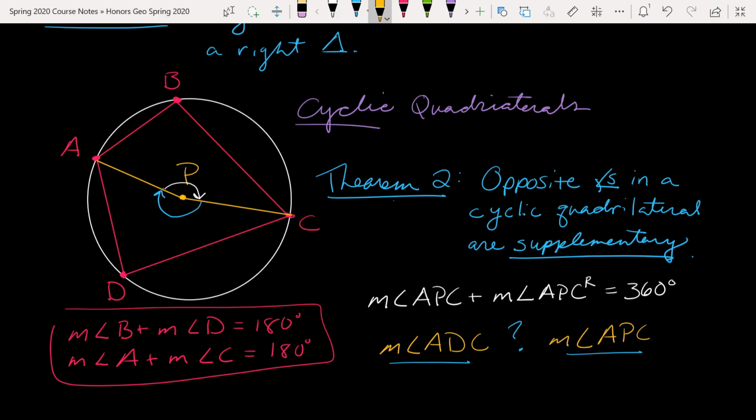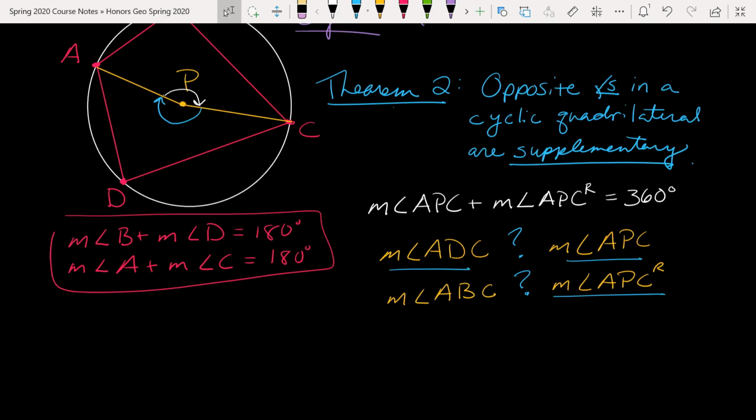Then, of course, we should ask the same question about this other angle pair of an inscribed angle and a central angle, where the central angle we're talking about here happens to be the reflex of angle APC. If we use one of our favorite circle theorems here, we should be able to answer this question.